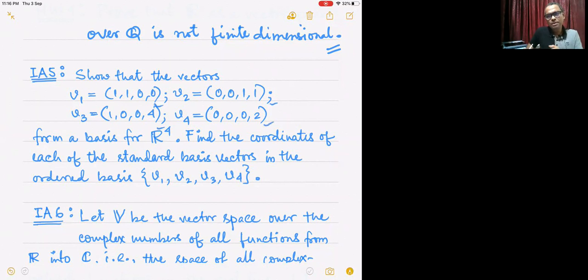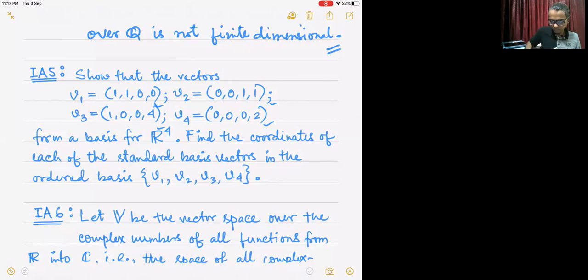I'm deliberately writing them as row vectors so that you also get used to row vectors. There's nothing sacrosanct about column vectors. Find coordinates of each of the standard basis vectors, that is 1, 0, 0, 0, then 0, 1, 0, 0, then 0, 0, 1, 0, then 0, 0, 0, 1, as linear combinations of this ordered basis v1 up to v4.